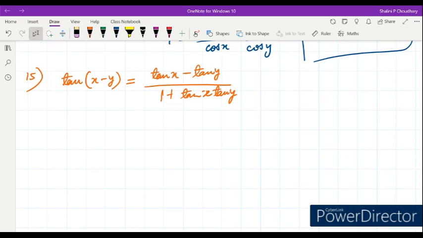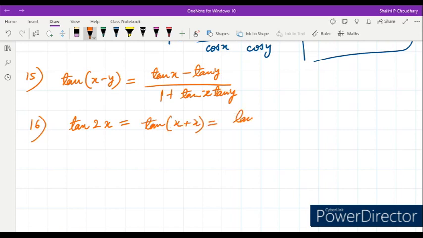Okay, one more thing, now we know the value of sin x plus y, tan x plus y. So can we find out the value of tan 2x? That will be equal to tan x plus x. So tan x plus tan x divided by 1 minus tan x into tan x.